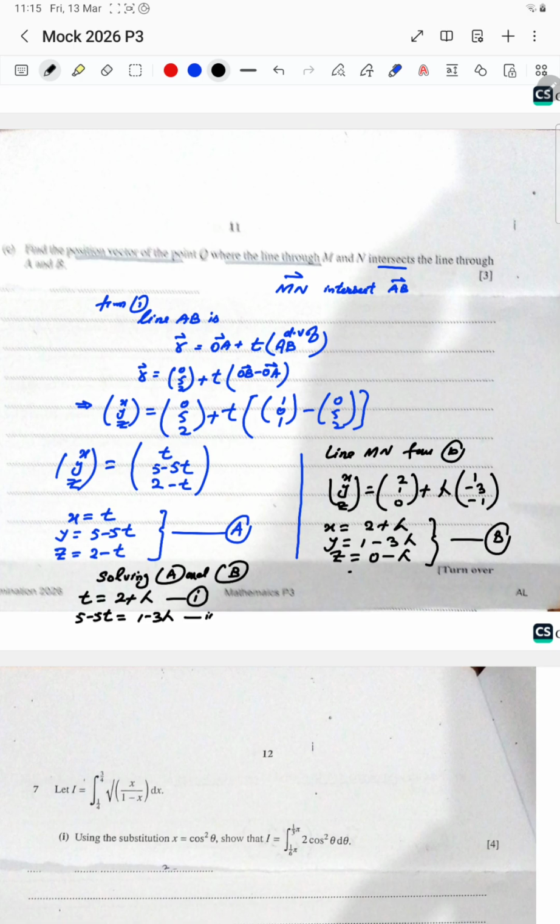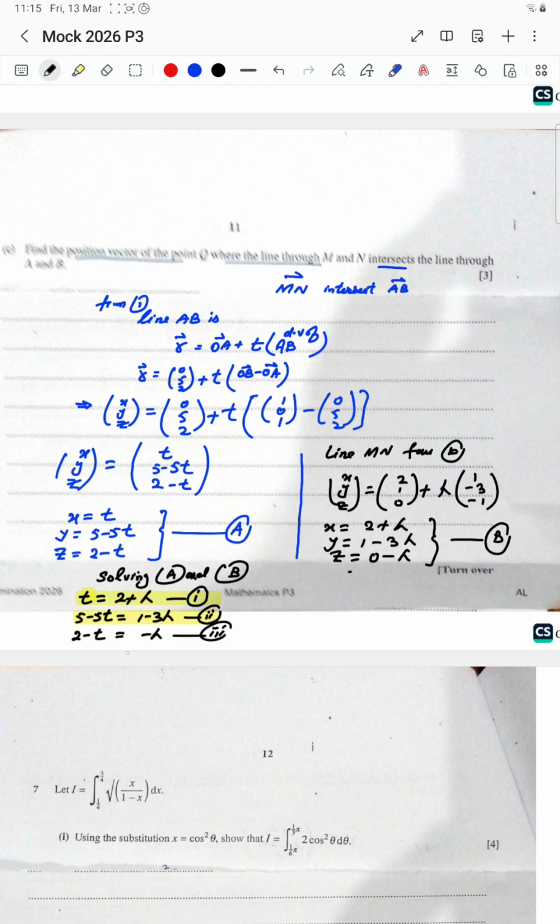This is 2, and the third equation is 2 minus t equal to minus lambda. This is 3. When we solve these three simultaneously, replace the value of t in 2. Solve any two. Here I'm solving 1 and 2 simultaneously, but any choice is yours. I'm not going to restrict you.